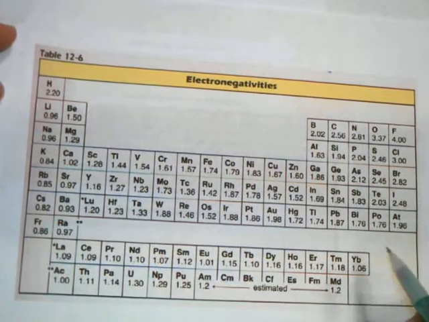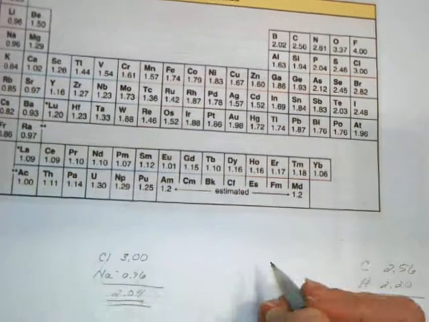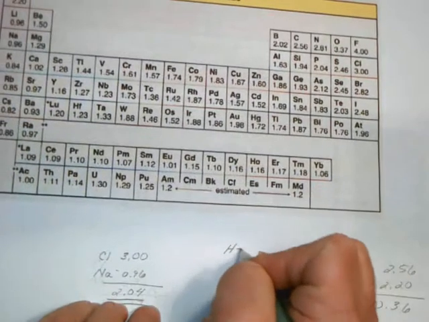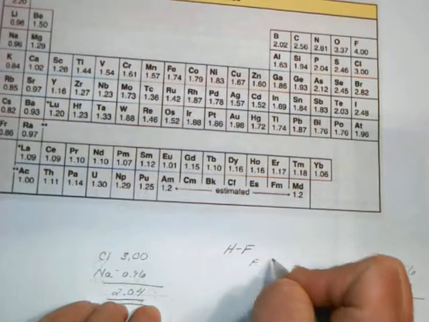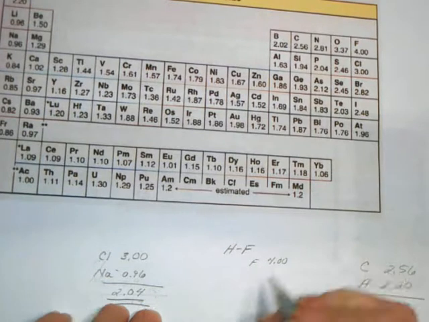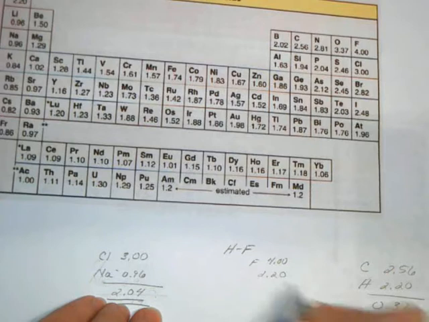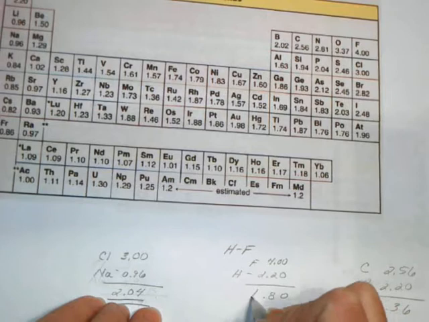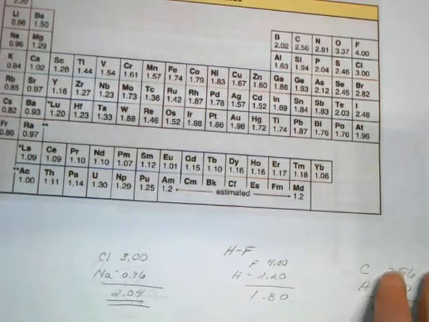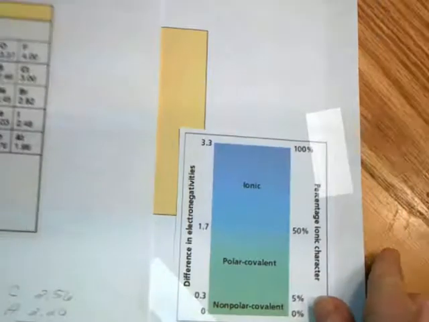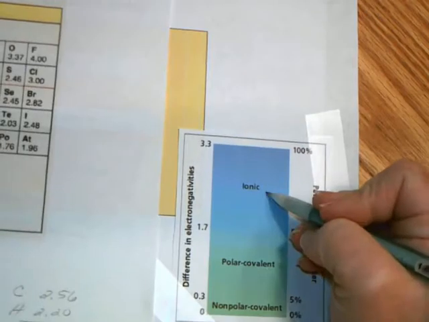Now, it could be, however, like in the case of HF. Again, fluorine has a value of 4, hydrogen a value of 2.20. Subtracting these, we get 1.80, which puts us in what would be classified as ionic.